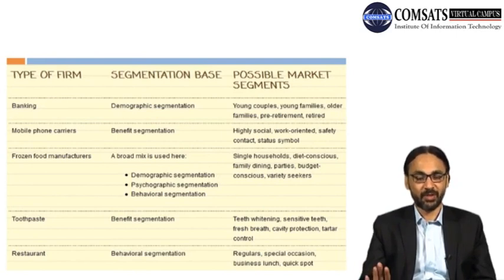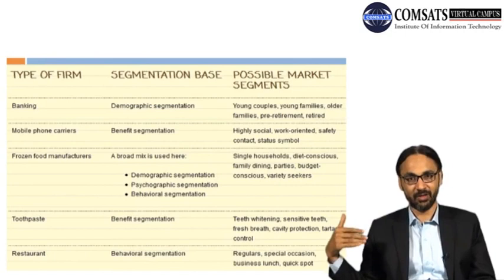Mobile phone carriers use benefit segmentation as the segmentation base. Possible market segments are highly social, work-oriented, safety contact and status symbol. These are the possible market segments done on the basis of benefit segmentation, depending on what sort of benefits and what degree of benefits they provide in each service.